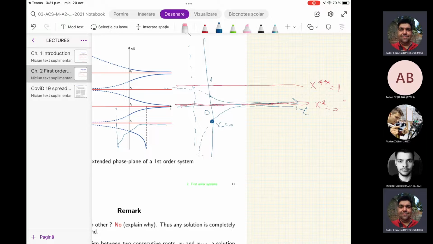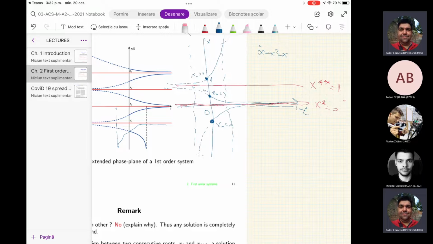And then, if x naught was larger than 1, the third band, so the solution was coming from 0, was like this, with a vertical asymptote. Is it clear? And this is x dot equal x squared minus x.